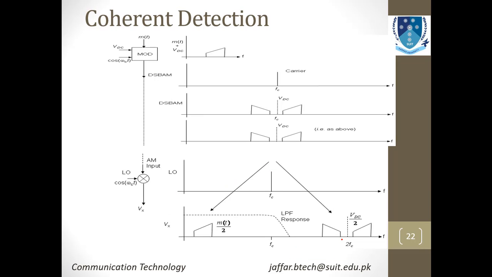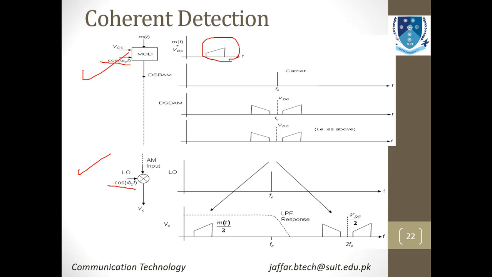This is the diagram of how your actual information is working. So this was your message signal plus VDC, and this was your modulation side and this was your demodulation side. You again multiply by the same frequency which was there on the transmitting end side.